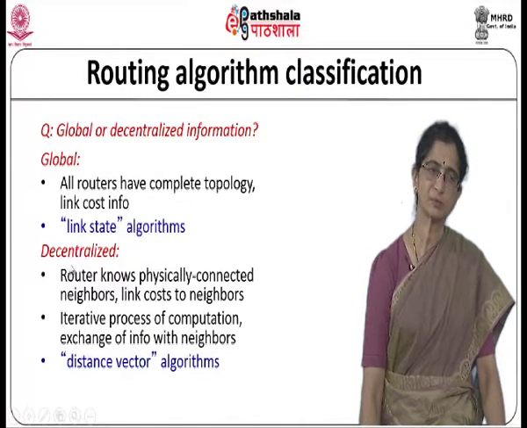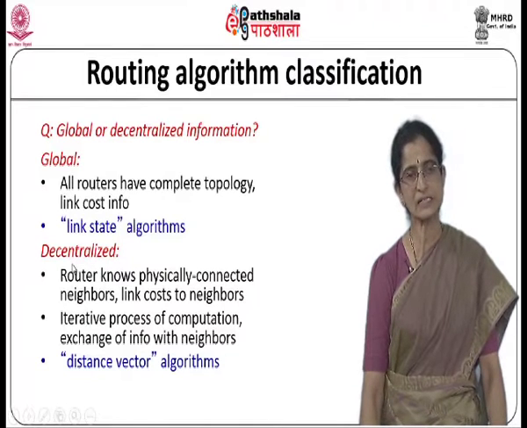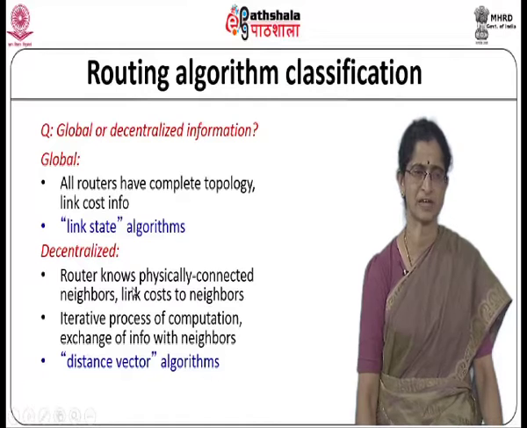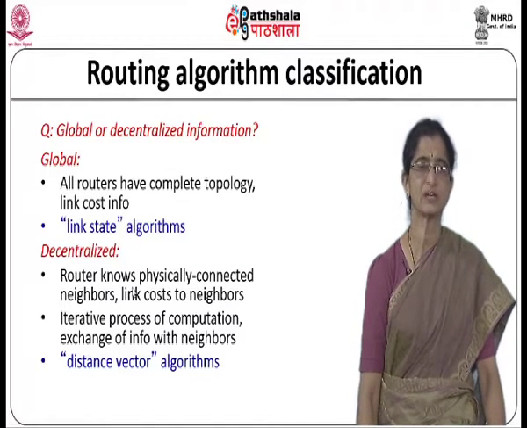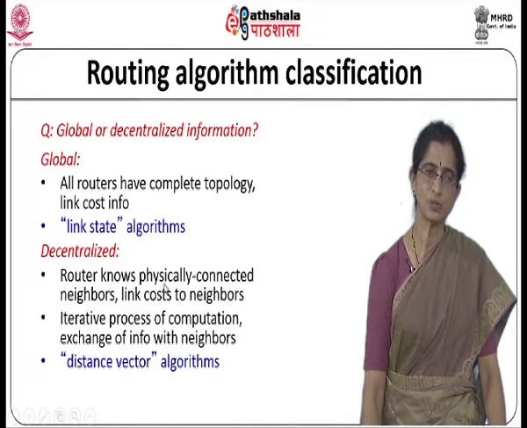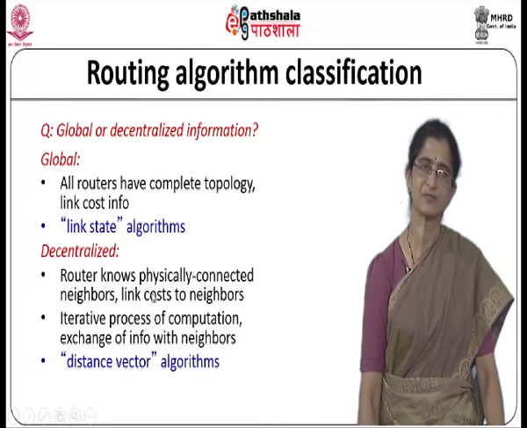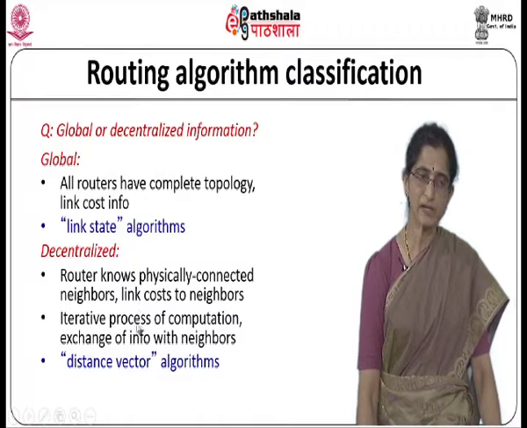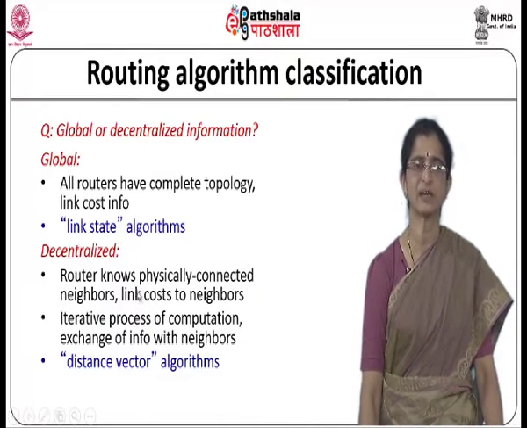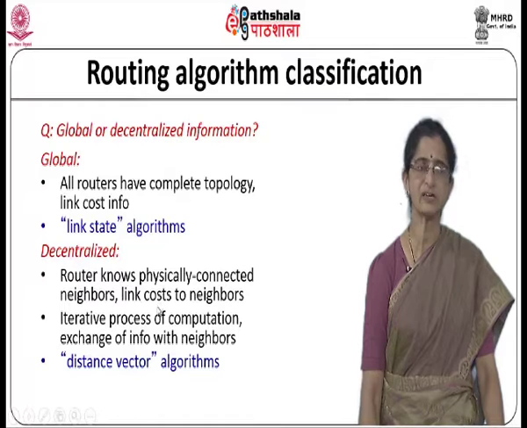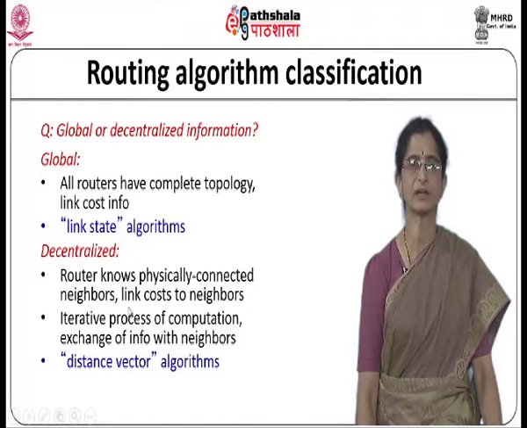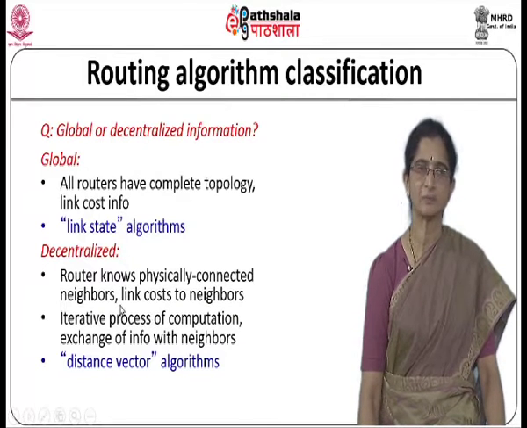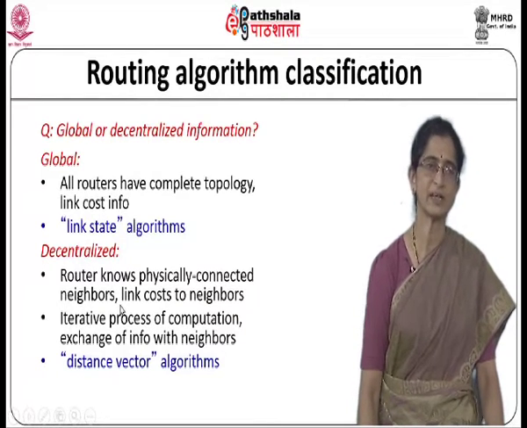The other option is a decentralized algorithm. In a decentralized algorithm, which you can also call a local information algorithm, every router knows information about its physically connected neighbors. It does not know information about others, but based on the information it has about its physically connected neighbors, by iteratively and periodically exchanging information with its neighbors, it will construct the path to be taken from the source to any other destination.